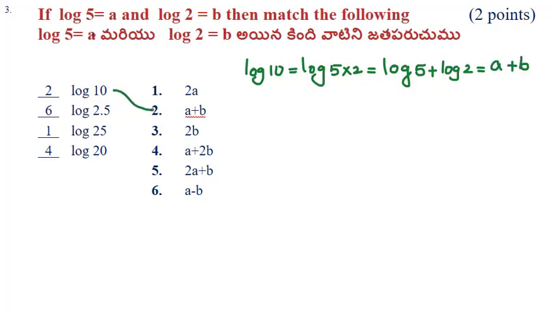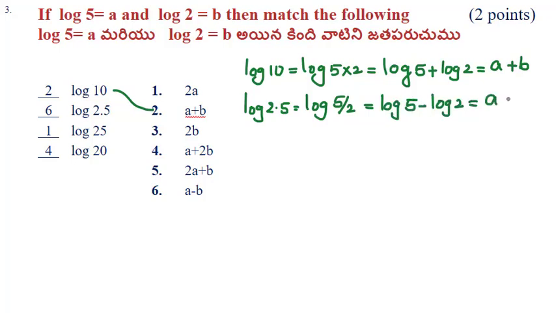Next, log 2.5. We can write log 2.5 as 5 by 2. That equals to log x by y formula, log 5 minus log 2. Log 5 is A, log 2 is B. So A minus B. Next, log 25.